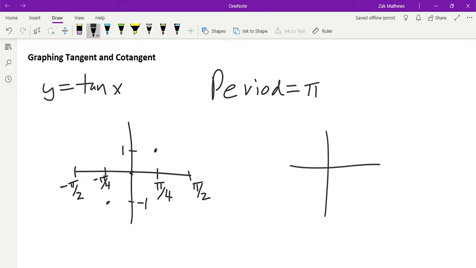So if we think about our unit circle, 0, pi over 2, pi, 3 pi over 2, as we get really close to pi over 2 up here, the y's become really, really close to 1, and the x's get really, really small until eventually the x's are 0, meaning that we can't divide by that 0.